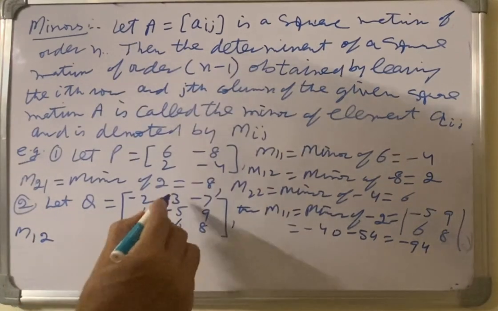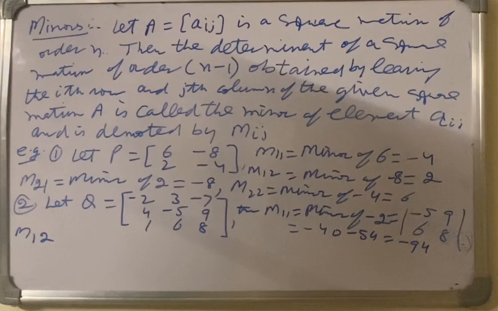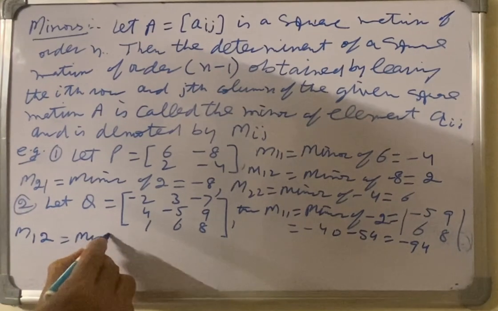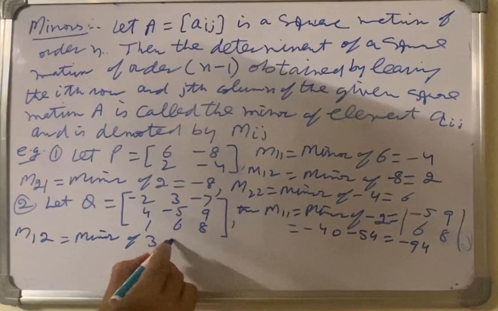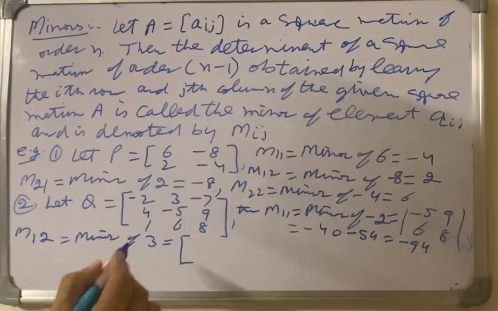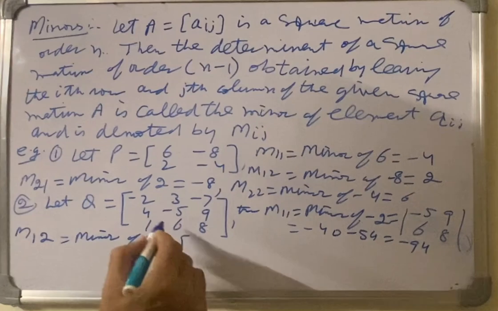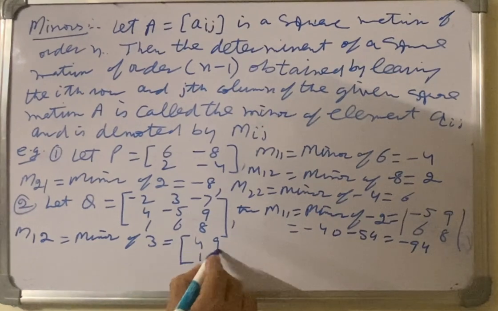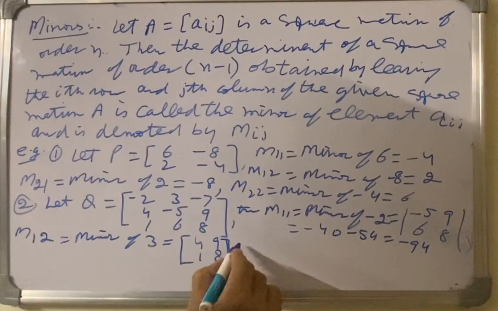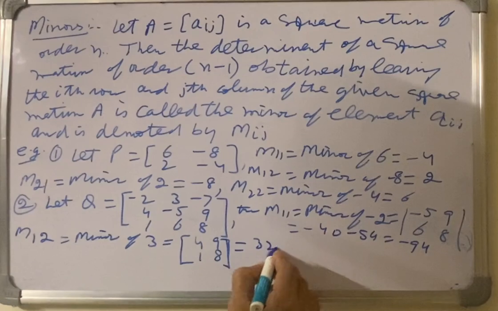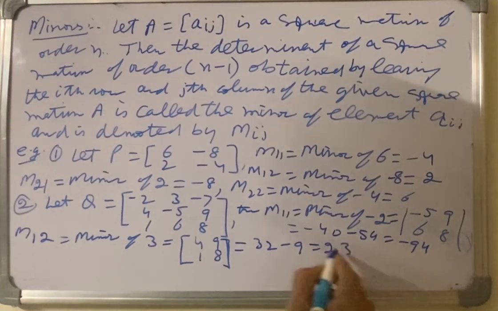Then M12. This 3 is element A12, first row, second column. Minor of 3. So you will leave first row and second column. We are left with [4, 9; 1, 8]. So this is the matrix obtained by leaving first row and second column. So we get 32 minus 9, it is 23.